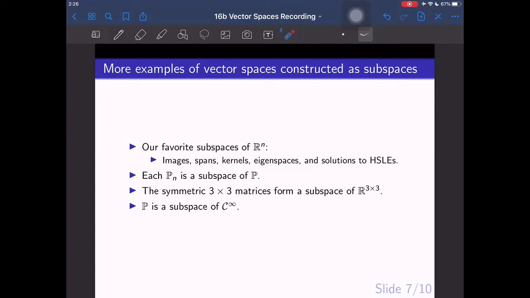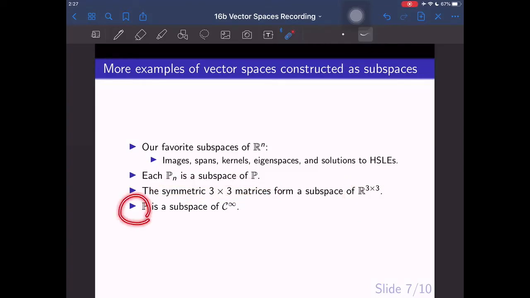We talked about how the set of all matrices of a fixed size is a vector space. If we consider the set of all matrices of size 3 by 3, this is a vector space. And it turns out that if we take the subset of symmetric 3 by 3 matrices, this actually forms a subspace of the vector space of all matrices of size 3 by 3.